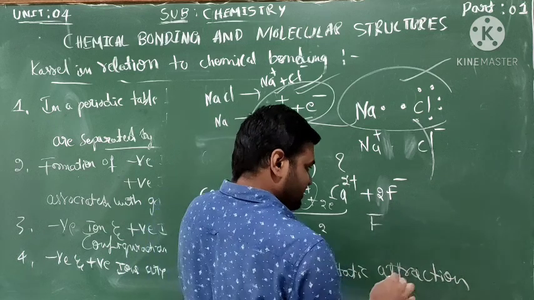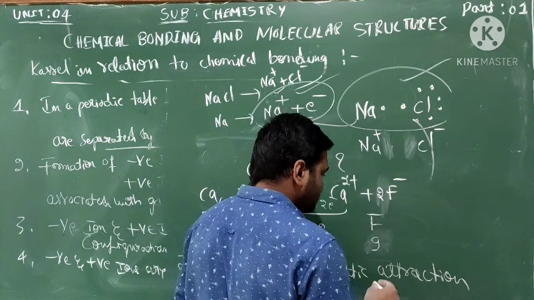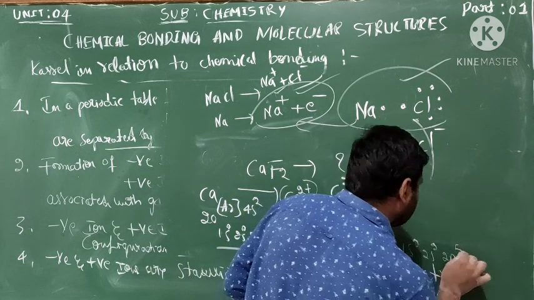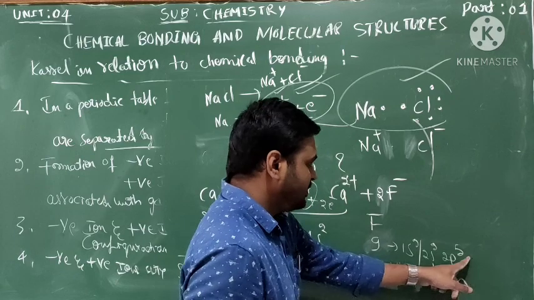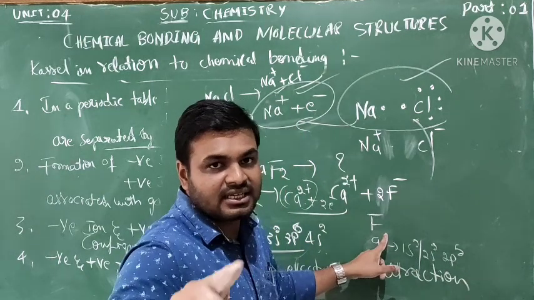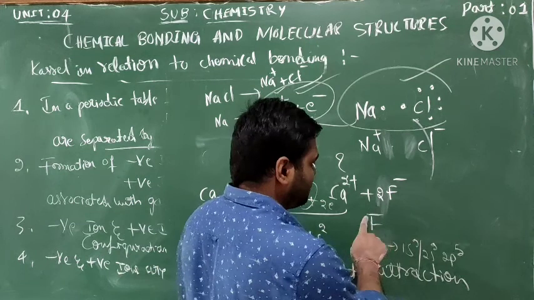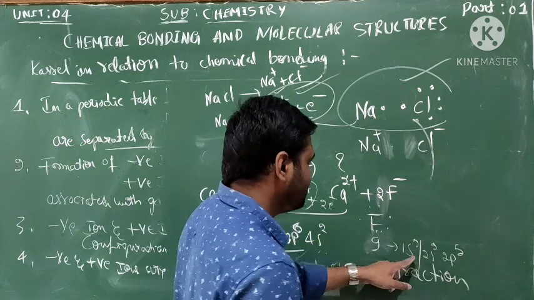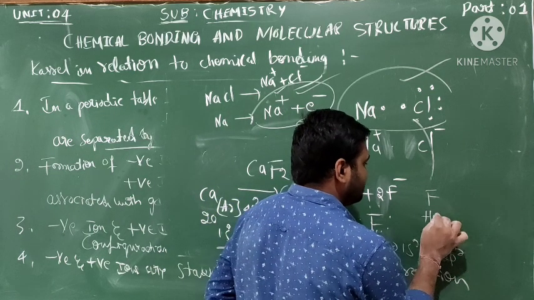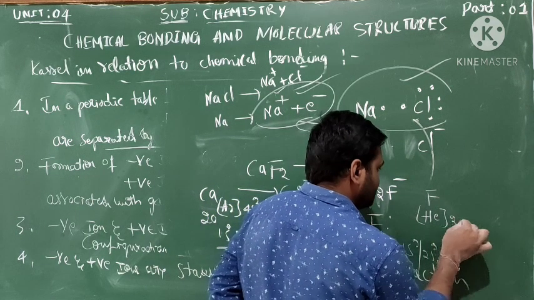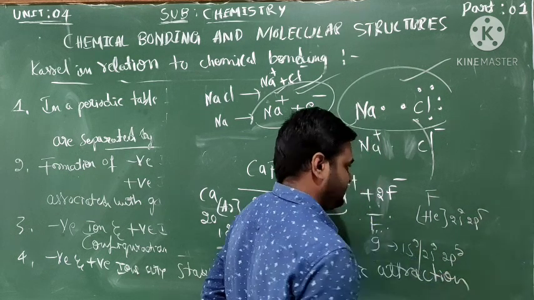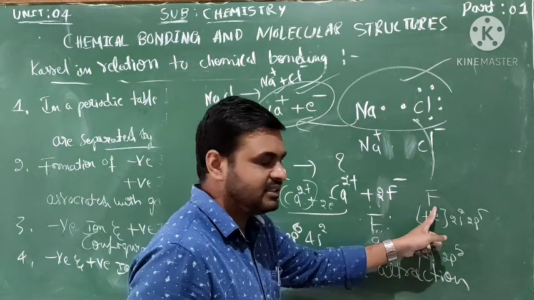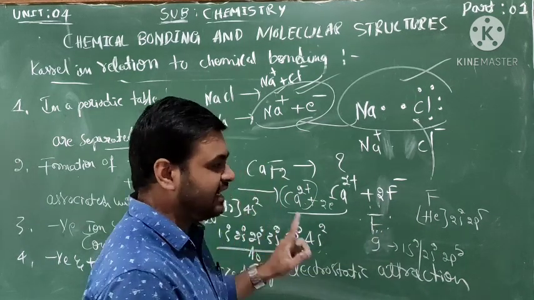Then what about fluorine? Atomic number 9. The electron configuration is 1s2, 2s2, 2p5, right? So 7 electrons are in the outer shell, 1, 2, 3, 4, 5, 6, 7. So you write [He] 2s2, 2p5. In this case of calcium and fluorine, each fluorine gains one electron.